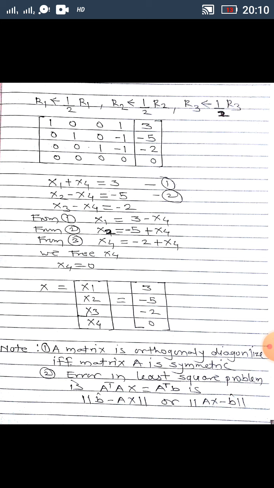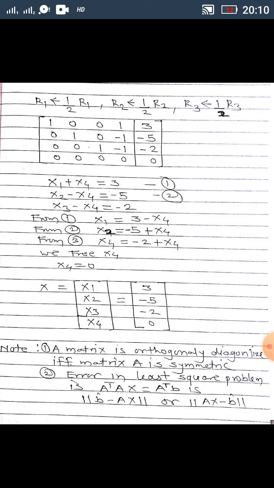So students, a matrix is orthogonally diagonalizable if and only if A is a symmetric matrix. When we say that the matrix is symmetric, it means A transpose is equal to A. So the error in the least squares problem, the objective, these two notes are for the objective.